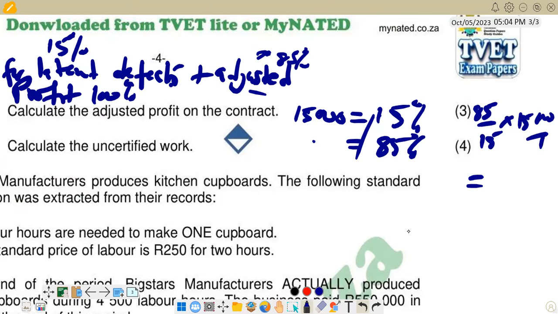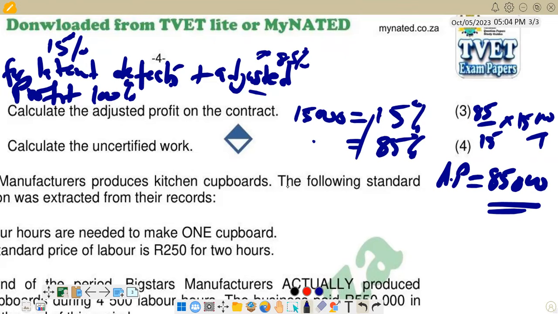If you calculate that correctly, you get 85,000. So this is the figure that we have for adjusted profit.